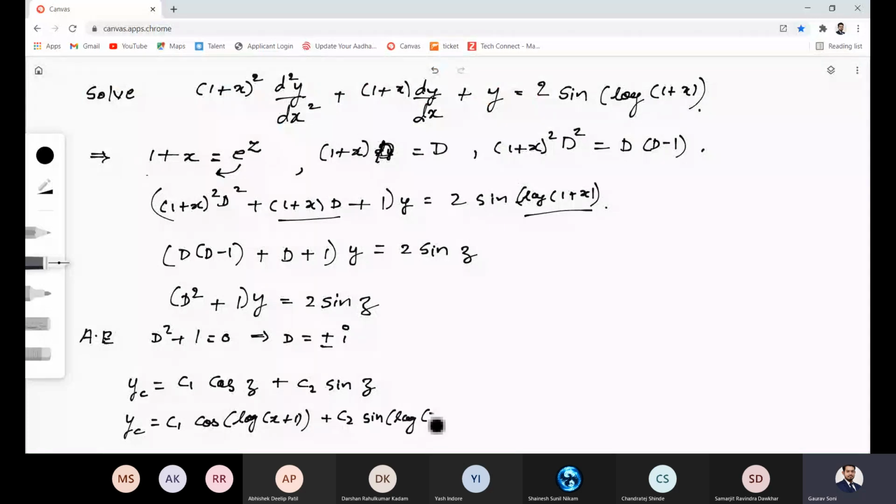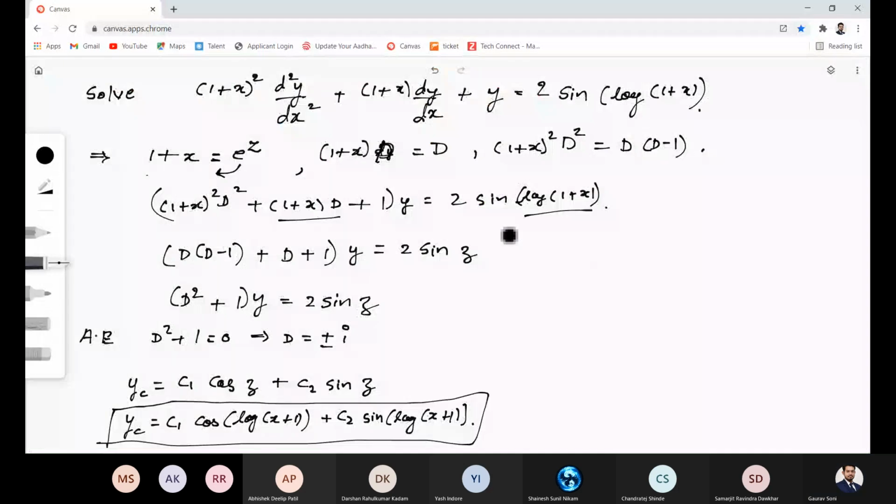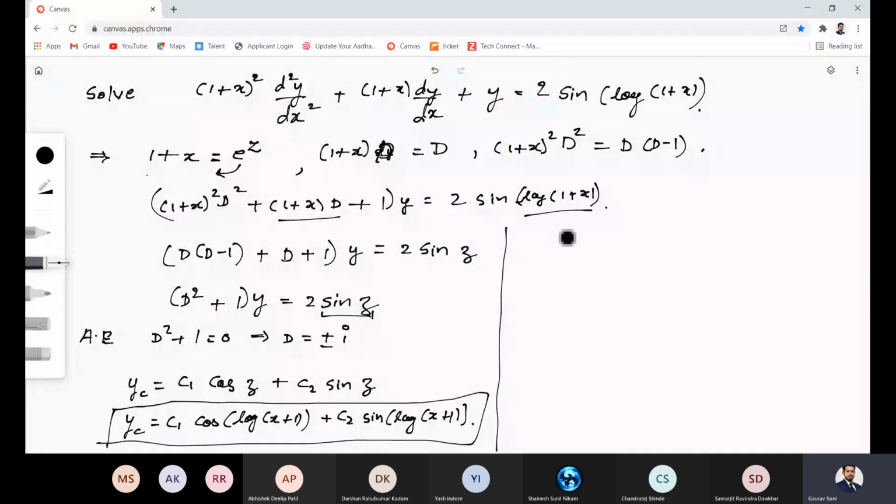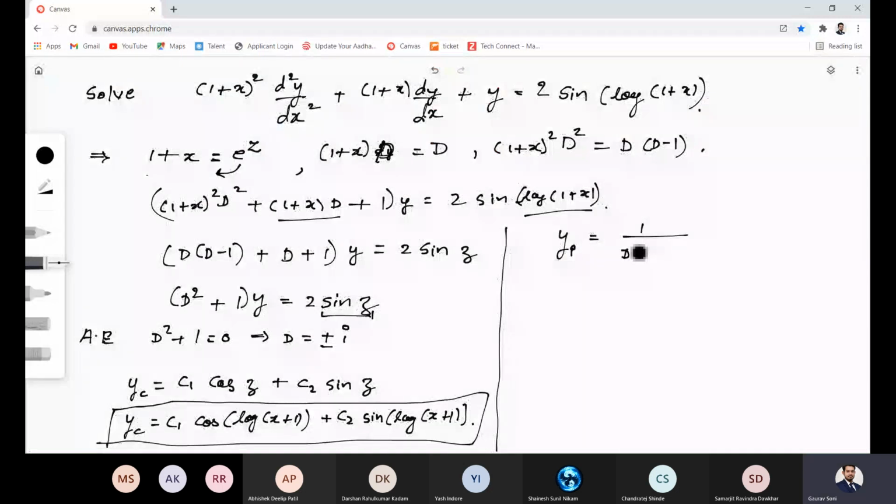I can see the right hand side and I have the rule for sine z, so I will go for the shortcut method. yp is equal to 1 upon (d square plus 1) times 2 sine z. So 2 will come outside, 1 upon (d square plus 1) sine z. d square is to be replaced by minus 1 here.